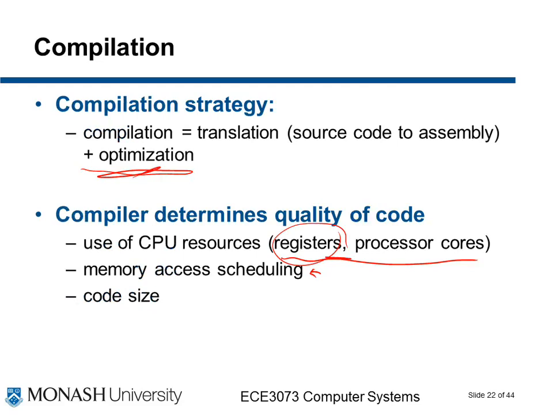It also has this effect on your code size. Now this is often something that you'll care a lot less about, but it's worth keeping in mind that generally you have to trade. Slightly more efficient code might often be slightly longer code.